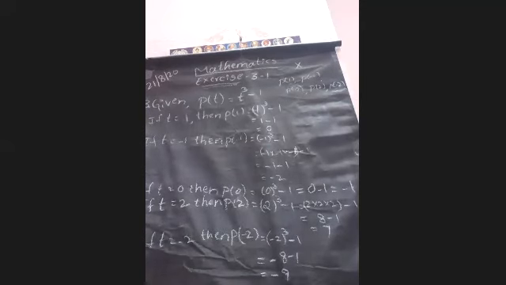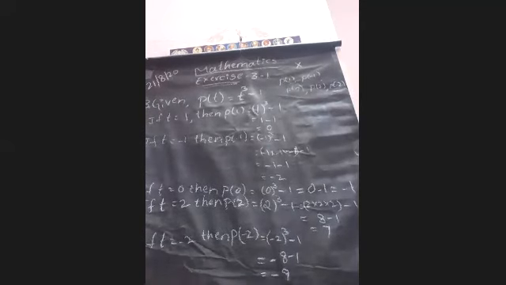Fourth question, what do they ask? Check whether minus 2 and 2 are zeros of a polynomial. We have to check whether minus 2 and 2 are zeros of the polynomial or not. The expression they gave is x power 4 minus 16.